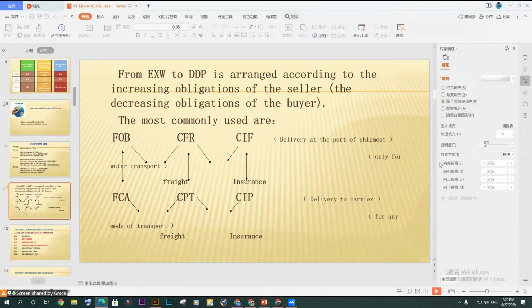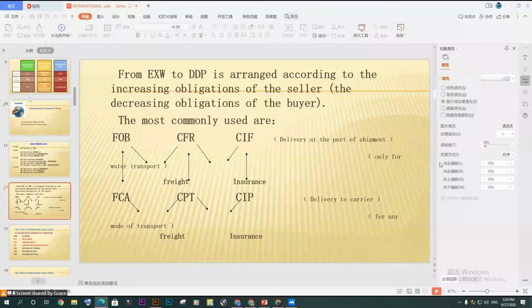Following these terms, we have the name of a place. Here, that will be the named port of shipment, meaning where the goods are shipped.